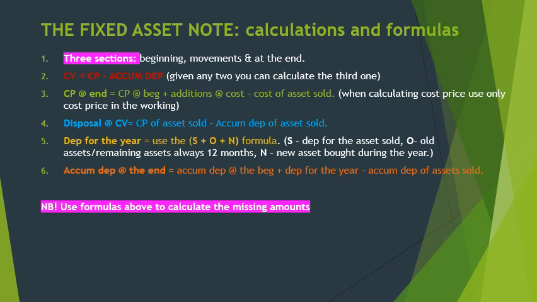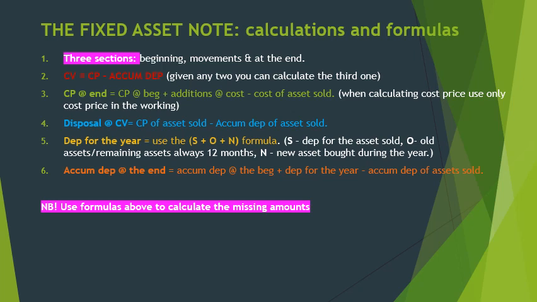Another important formula is when you are calculating additions or the cost price. It can be cost price at the end, it can be additions, or it can be cost price at the beginning, or the cost price of the asset which was sold. So we're going to say cost price at the end is equal to cost price at the beginning plus additions at cost minus cost of assets sold.